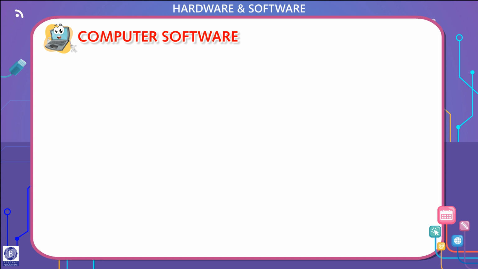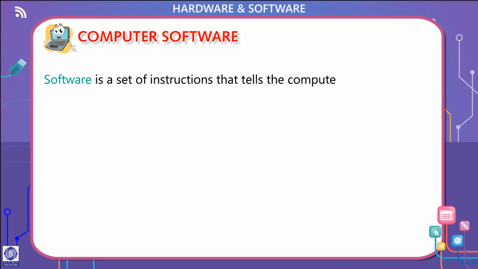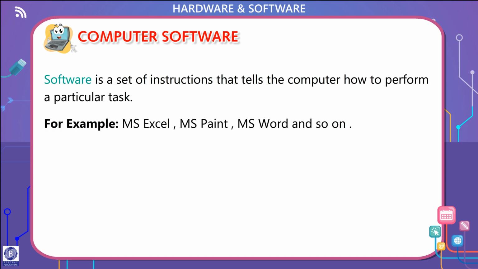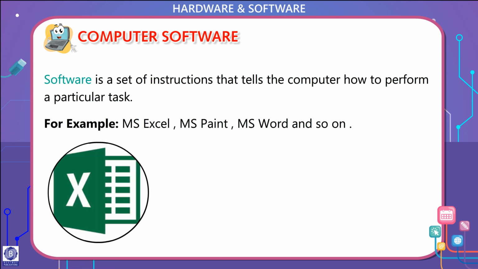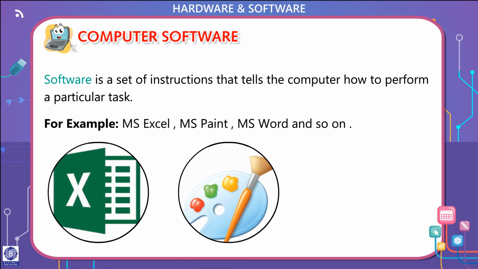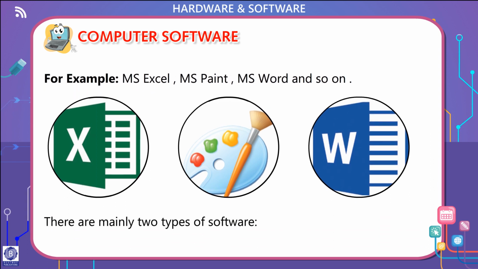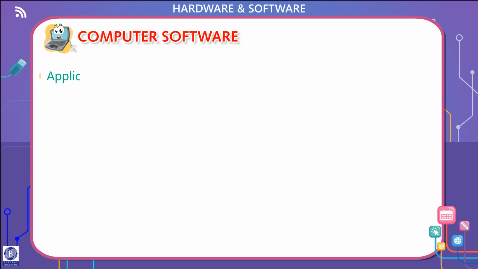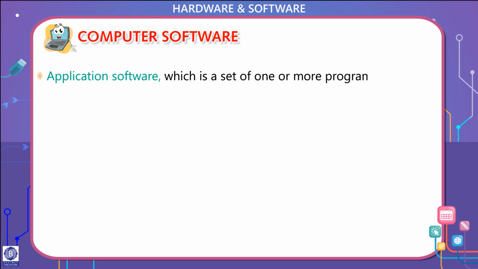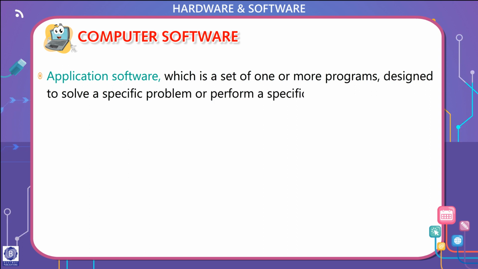Computer software. Software is a set of instructions that tells the computer how to perform a particular task. For example, MS Excel, MS Paint, MS Word, and so on. There are mainly two types of software. Application software, which is a set of one or more programs designed to solve a specific problem or perform a specific task.